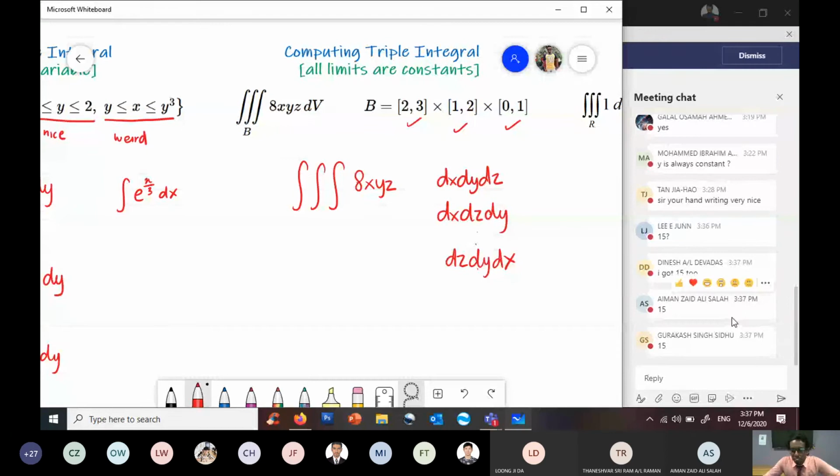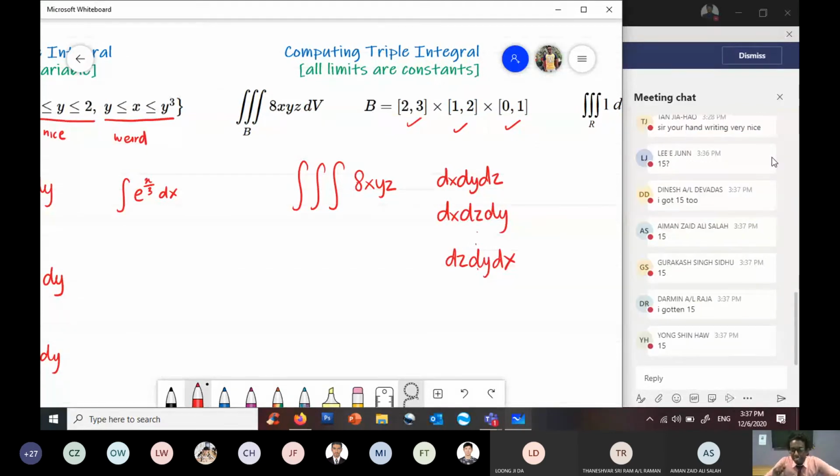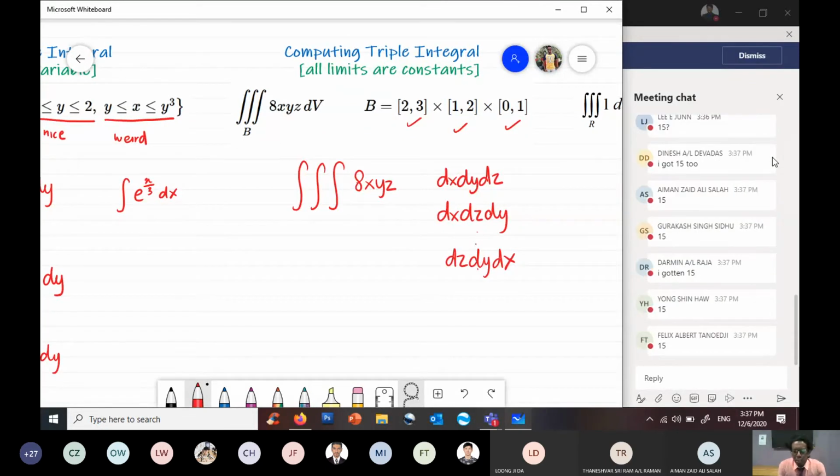Yeah, we have a bunch of 15s coming up in the chat box. Good. Nice, you guys are getting 15, which means you are quite fast learners then. You spent about 30 minutes and you've already gotten how to do a triple integral. That's good. So 15, yes, 15 is correct.